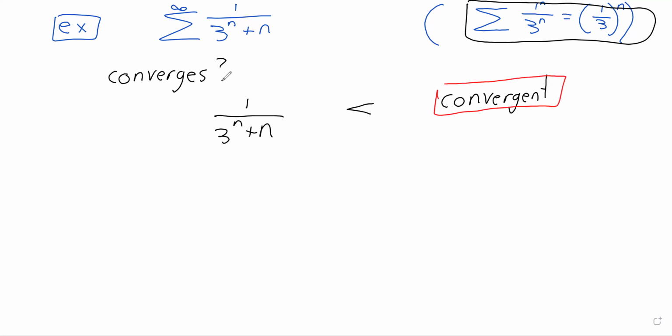But we don't just want to make it bigger, we want to make it bigger and convergent. And I'm going to tell you that, most of the time when you're using the comparison test, you're trying to compare to either a p-series or a geometric series, because those are two series where we know whether they converge or not.